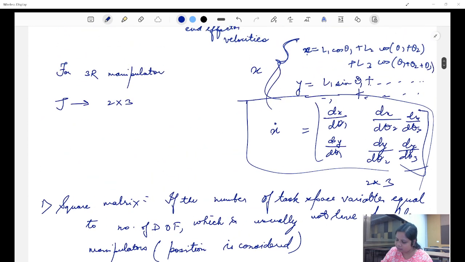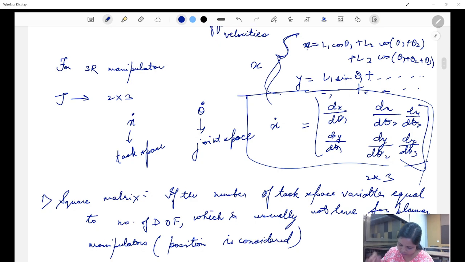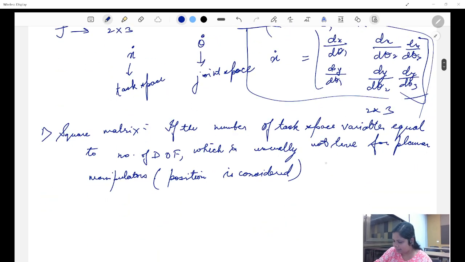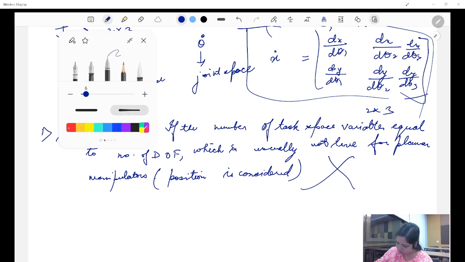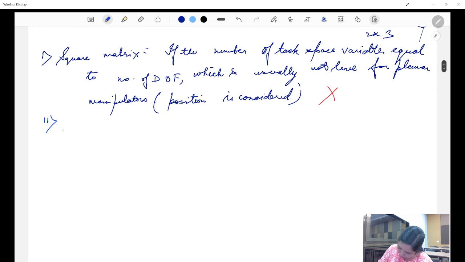And what are task space variables? So x dot is in task space because it is end effector position, and theta dot is in joint space. I hope this is clear. Okay, so this is the reason why it is not a square matrix. So we get a reason to eliminate this option. Now let's go to the second option, symmetric matrix.